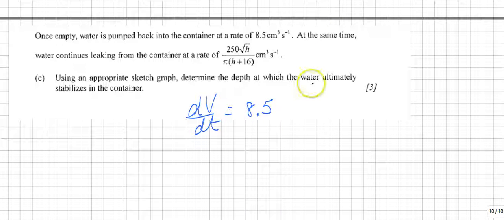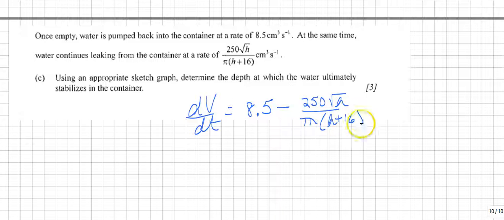That's the rate at which the water's going into the container, but we're going to subtract out the rate at which it's leaking out, which is 250 square root of h over pi times h plus 16. Okay, so that's the change in volume rate. That's how fast the water is changing. And we're trying to find out when it stabilizes.